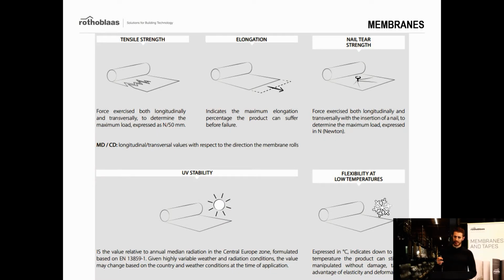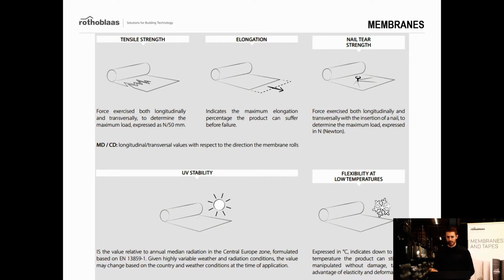Another very important thing when you're choosing the right membrane, because there are, of course, a lot of membranes out there, and it's very important to choose the right one, is the tensile strength. I'll give you another example. For instance, when you're on an inclined pitch of a roof, and the installer is stepping onto the membrane with his feet, and there are maybe some nails to keep the membrane in place, a possibility is that the membrane tends to tear apart.